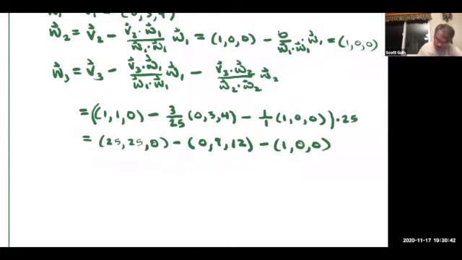And then the components will be 25 minus 0 minus 1, so that's 24. Next component, 25 minus 9 is 16, minus 0, so that's just 16. And then 0 minus 12 minus 0, so that's negative 12. And I've got to say, I kind of want to divide that by 4.